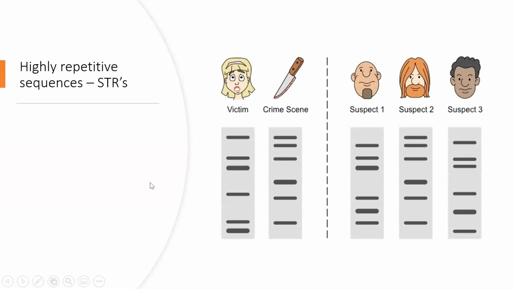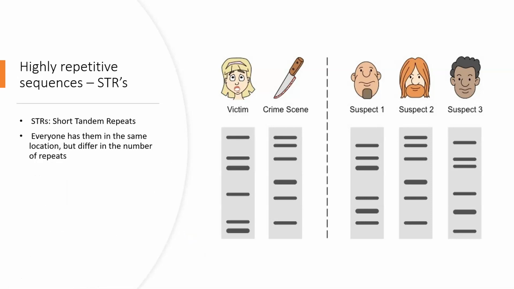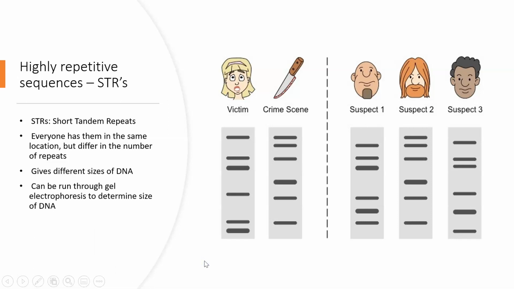Highly repetitive sequences, STRs as they are known, are short tandem repeats. Everyone has them in some location, but differ in the number of repeats. It gives different sizes of DNA and can be run through gel electrophoresis to determine the size of DNA.